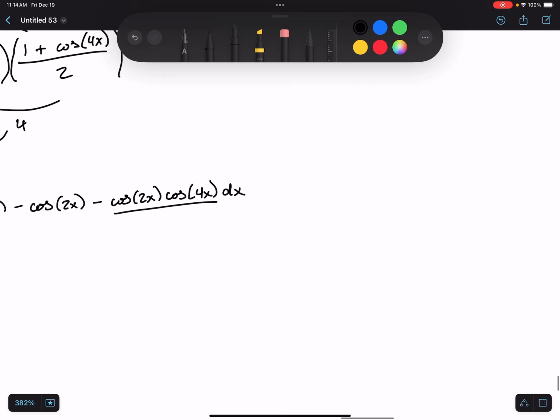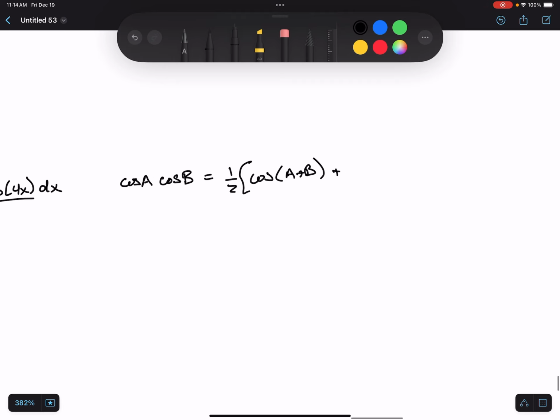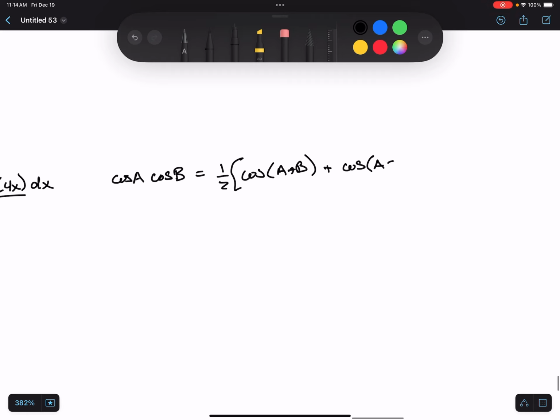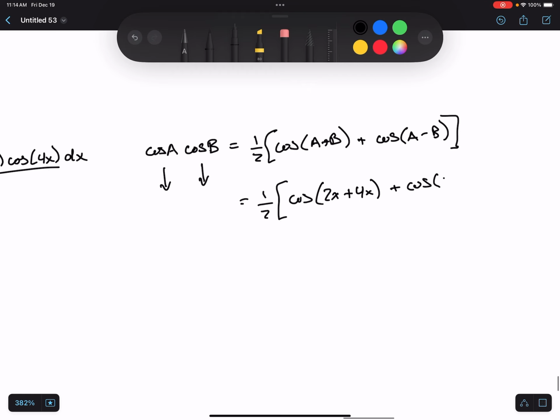And so this can be rewritten as cosine A times cosine B, which equals 1/2 times cosine A plus B plus cosine A minus B. And so plugging our values in, cosine 2x and cosine 4x, cosine 2x cosine 4x equals 1/2 times cosine 2x plus 4x plus cosine 2x minus 4x.